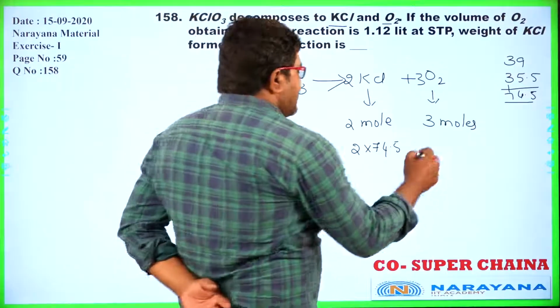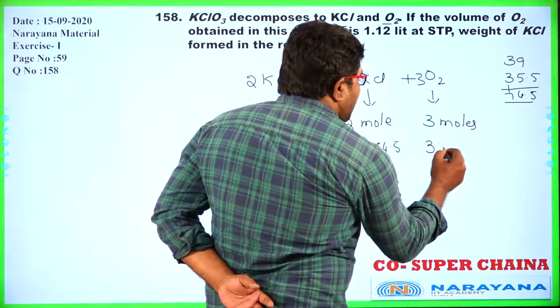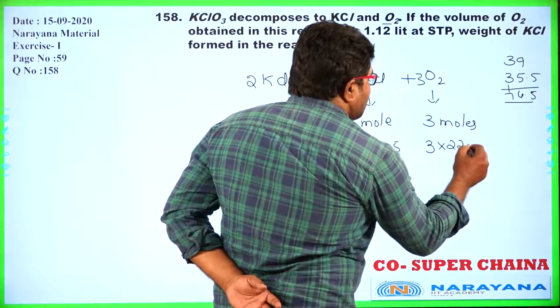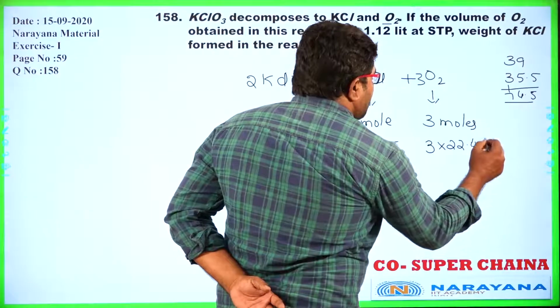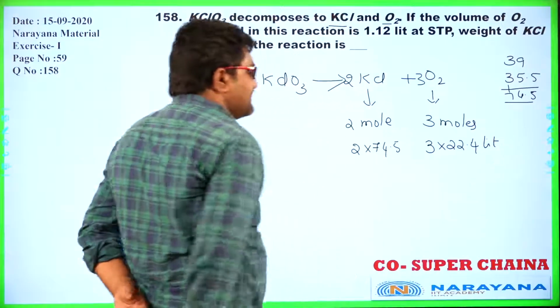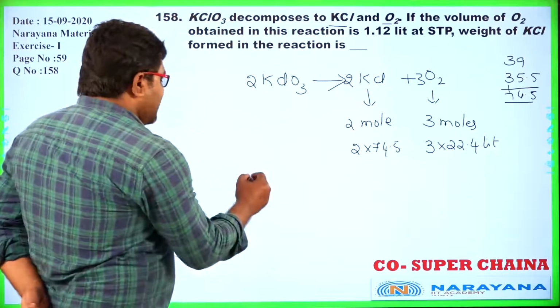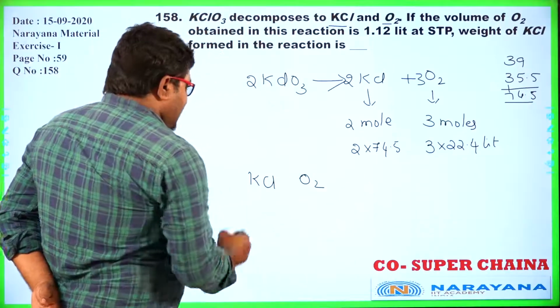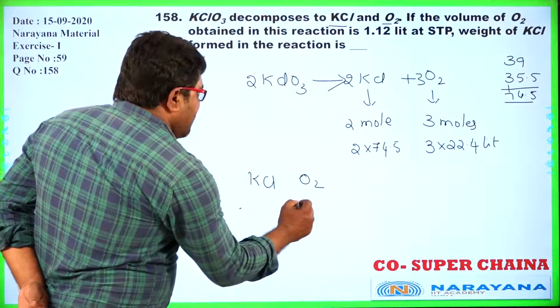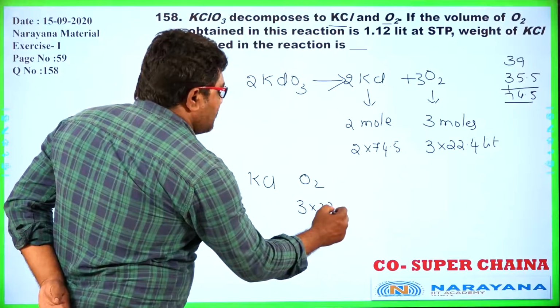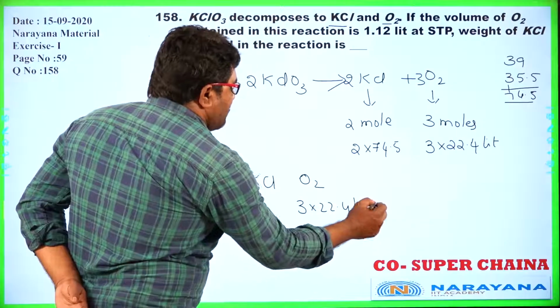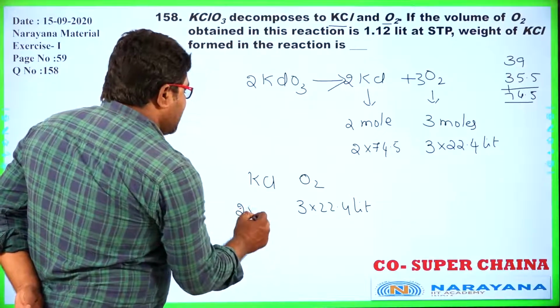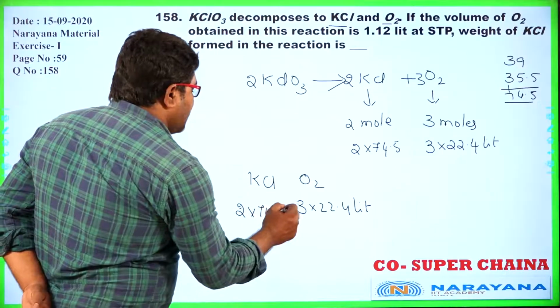So from that, 3 moles of gas can occupy how much volume? 3 into 22.4 liters. See here, I am writing the comparison about KCl and O2. If 3 into 22.4 liters of O2 is formed, then definitely 2 into 74.5 of KCl was formed here.